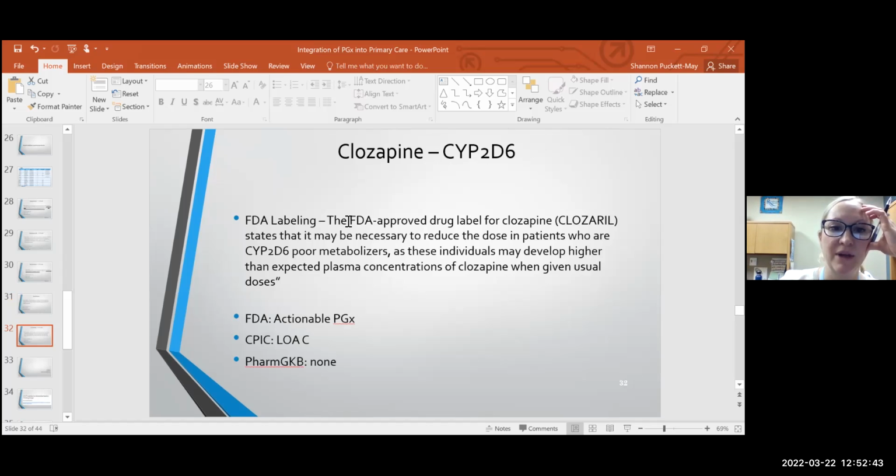Clozapine, not that we prescribe that often here, but you may need lower doses of clozapine in patients with poor CYP2D6 metabolizer status. And we did go through the prevalence of these SNPs in different ethnic backgrounds, and it is pretty prevalent. CYP2D6 is one of the most variant genes, so you will see it often on reports.